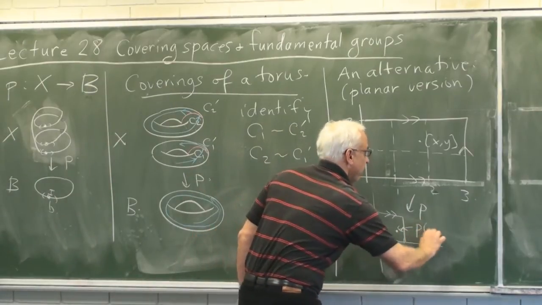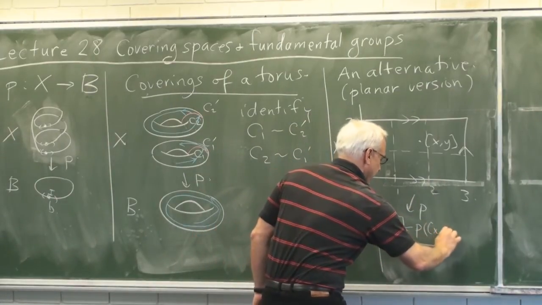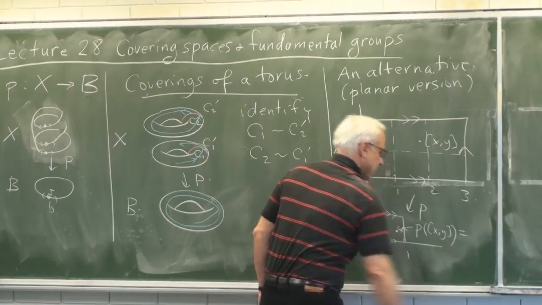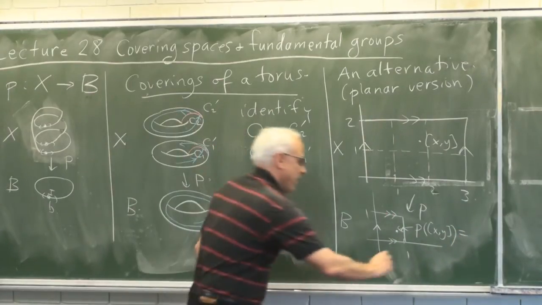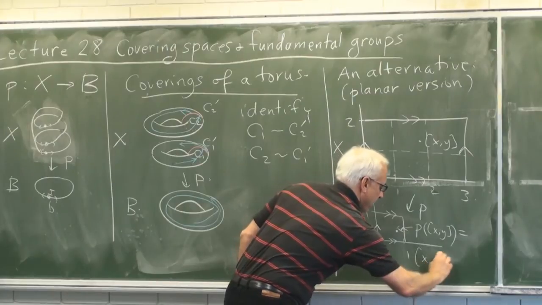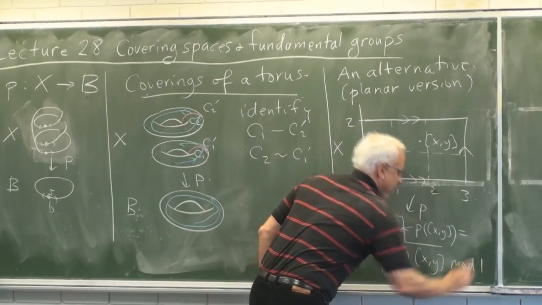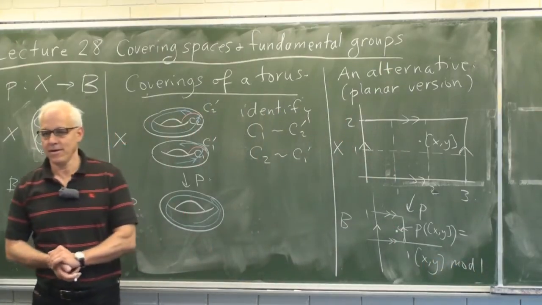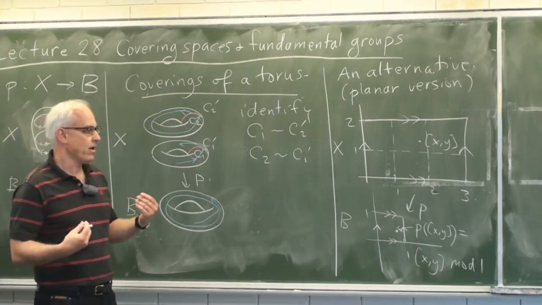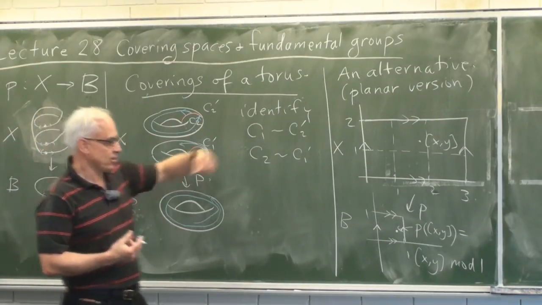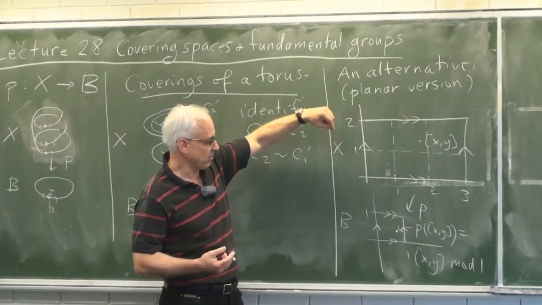That'll be P of this point x, y. And by definition, that's equal to x, y mod 1. In other words, we just ignore the integral part and just look at the part between 0 and 1.